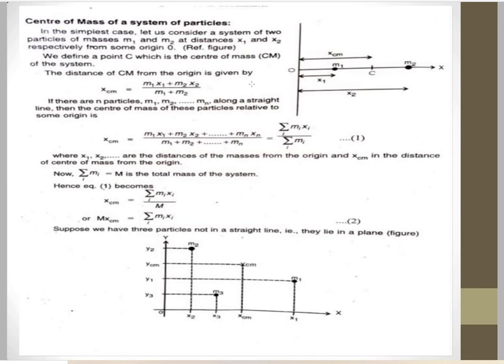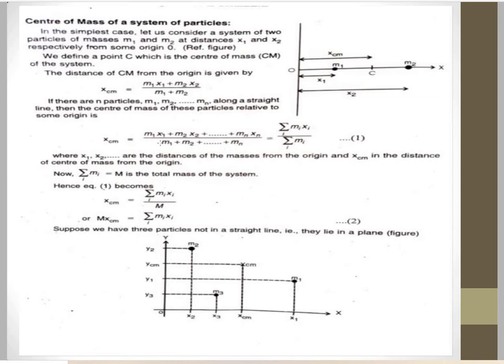Suppose instead of two particles, we have a number of particles m1, m2, m3, m4, etc. up to mn along the x direction with position vectors x1, x2, x3, etc. So we can write the equation for the x coordinate of the center of mass: xcm is equal to m1 x1 plus m2 x2 plus etc. plus mn xn divided by m1 plus m2 plus etc. plus mn.